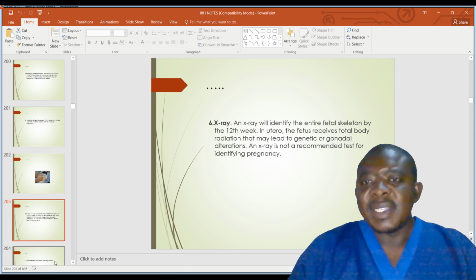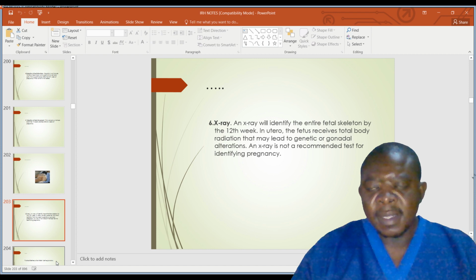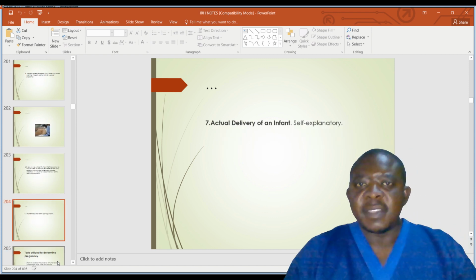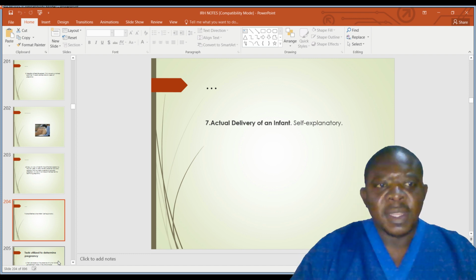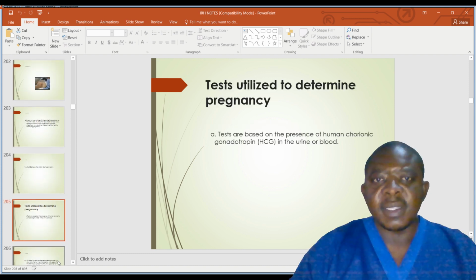So it is not recommended as a test for identifying pregnancy. Actual delivery of an infant as a positive sign of pregnancy. This becomes self-explanatory because the baby now has been delivered, so that is confirmation that yes, the woman was pregnant.